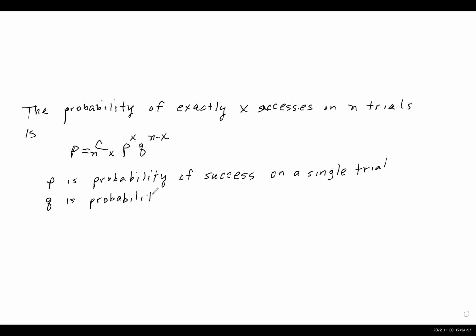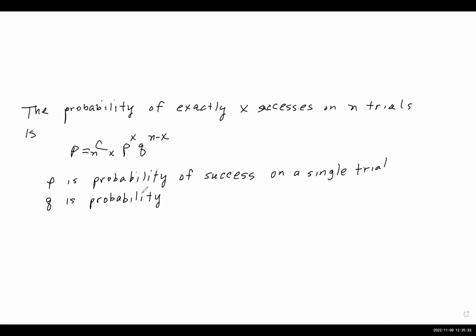Now that one's really easy to figure out, since there are only two outcomes to an experiment. If I say the probability of success is 75%, then what would the probability of failure be? 25. There you go.